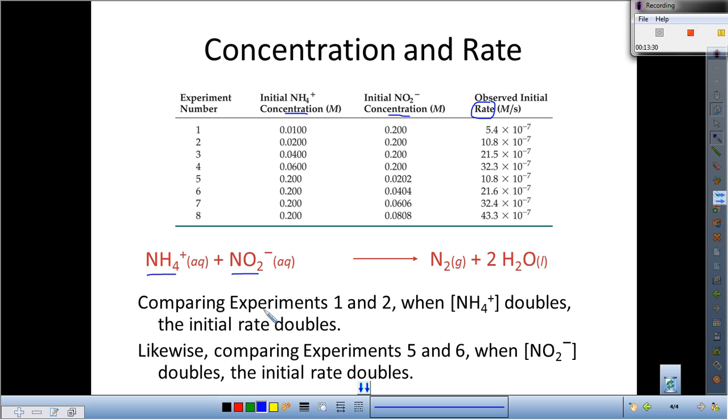Let's look at our data in the table. In trials 1 through 4, the nitrite is held constant, so we're going to look at trials 1 and 2 because the nitrite is the same in trial 1 and 2.